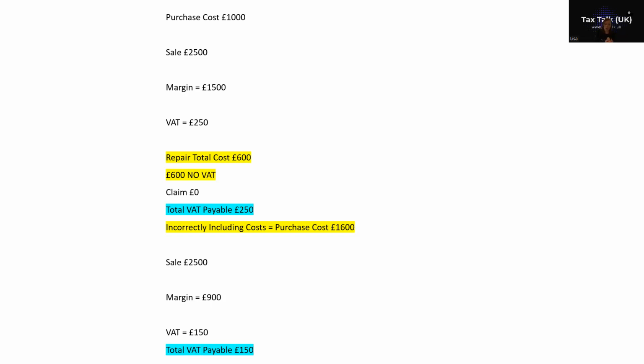When we use the correct method of treating the additional cost separately, we had a VAT liability of £250. But when we incorrectly included that additional cost as part of the purchase cost, this gave us a liability of £150. So in that scenario, we have understated our liability.